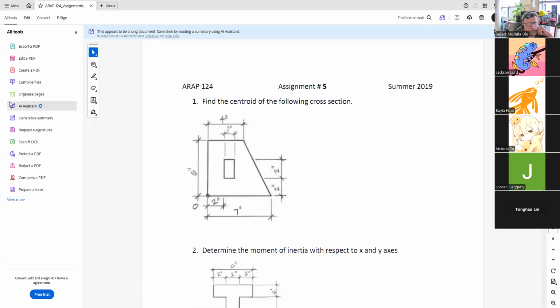You know that the Y of the centroid is halfway up, so it's going to be this 2 plus 1. So the Y will be equal to 3 for this shape. X is equal to 2.5, and Y is equal to 3.